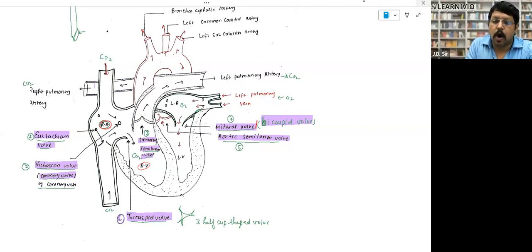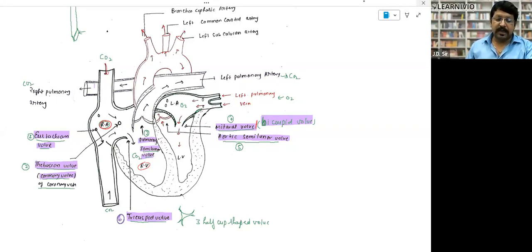Thebesian valve or coronary valve is present between the right atrium and the coronary vein, which prevents backflow. Next, between the right atrium and right ventricle, when blood comes from the right atrium to the right ventricle, there is a tricuspid valve.